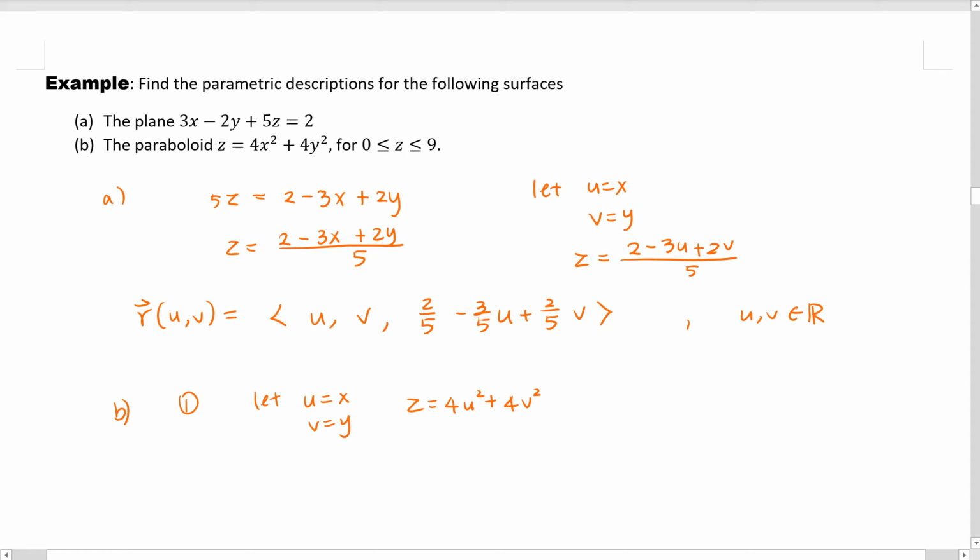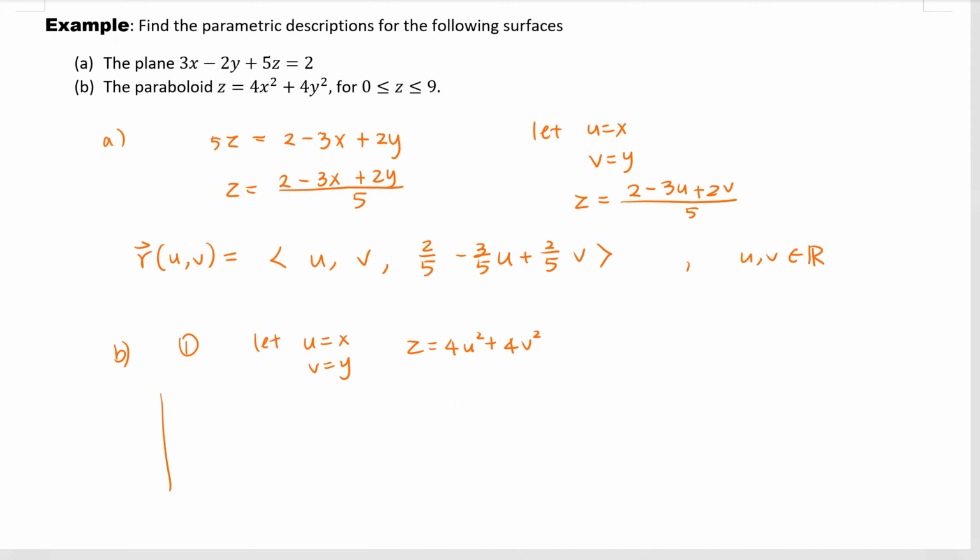And here we have a problem because we have restrictions. So let's see here. When we draw it, this is a paraboloid. Z is between 0 and 9.